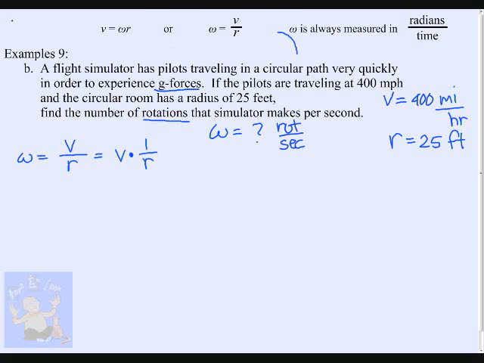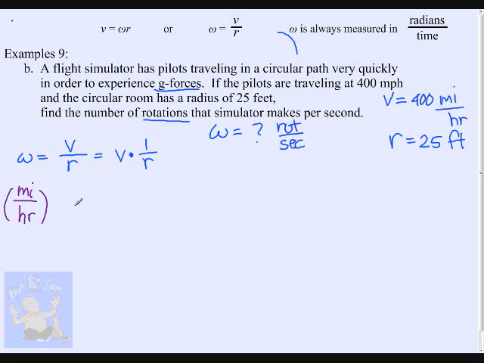I'll do this with a purple pen. So I'm starting out with miles per hour. And I'm going to want to translate that into radians, because before I go to rotations, I've got to go to radians.